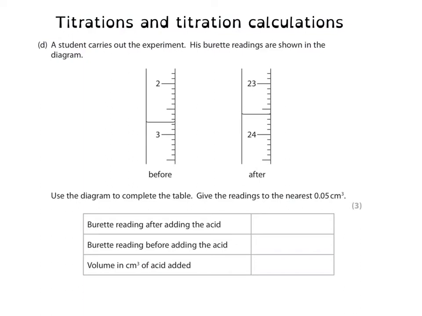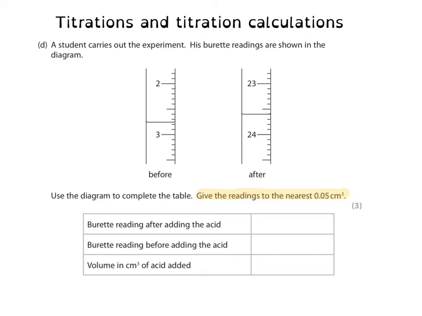So let's have a look at an example question. The nicest part of this question is just looking at a reading from a burette, so fabulous. And at GCSE level they're going to give you some nice clues. They're going to tell you, give the readings to the nearest 0.05. They don't do that at A level, you're going to have to work it out yourself.